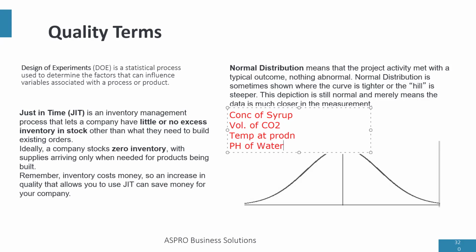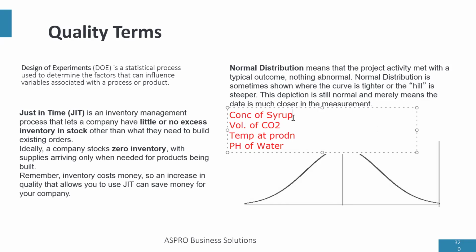So these are the factors that influence the variables associated with the production of soft drinks or soda. And for each of these factors, you can experiment with different units.